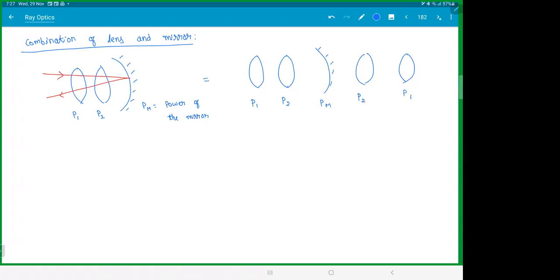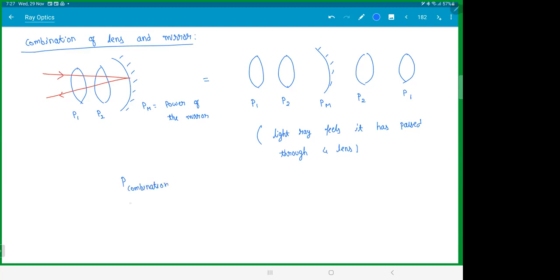You're getting it? So the light ray feels it has passed through 4 lenses. It is just coming back through the same lens. At the end of the day, it is a refraction only, even though there are 2 lenses in reality.